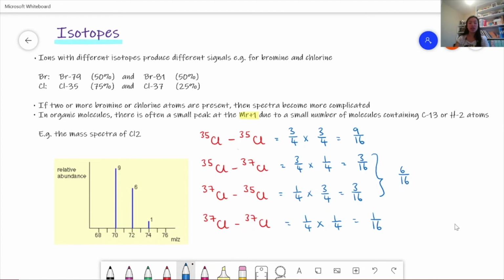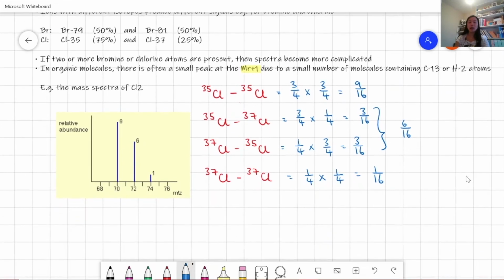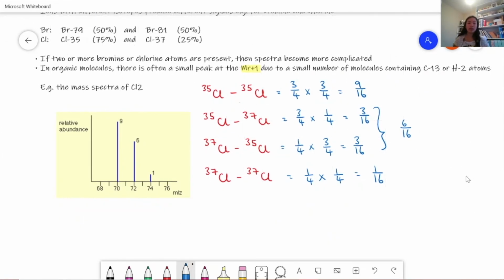So now we can see the ratio between all of these different pairings. The ratio we have is 9/16 to 6/16 to 1/16. And then we can multiply everything by 16, so we get 9 to 6 to 1.